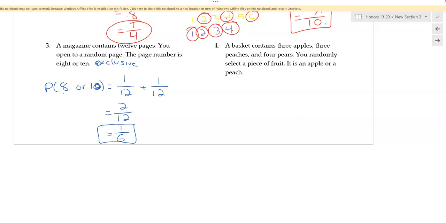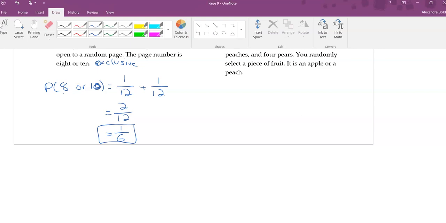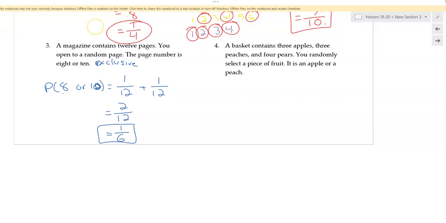Number 4, a basket contains 3 apples, 3 peaches, and 4 pears. You randomly select a piece of fruit. It's an apple or a peach, right? So one fruit can't be both an apple and a peach, so this is exclusive.